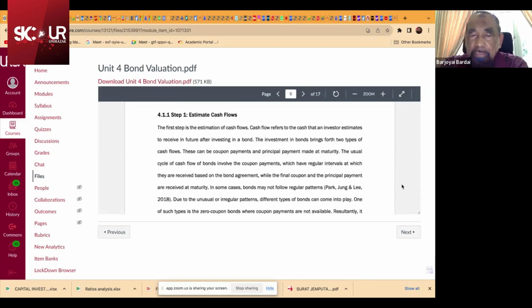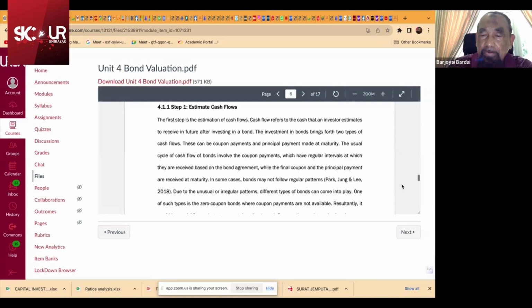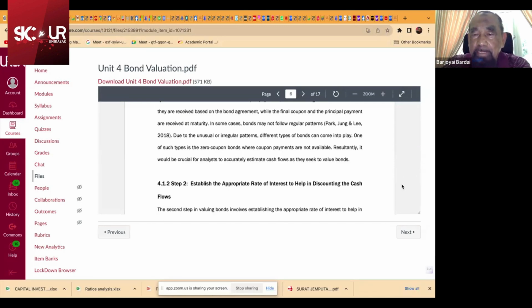In some cases, a bond may not follow the regular pattern. Due to unusual or irregular payments, different types of bonds can come into play, and one such type is called the zero coupon bond.